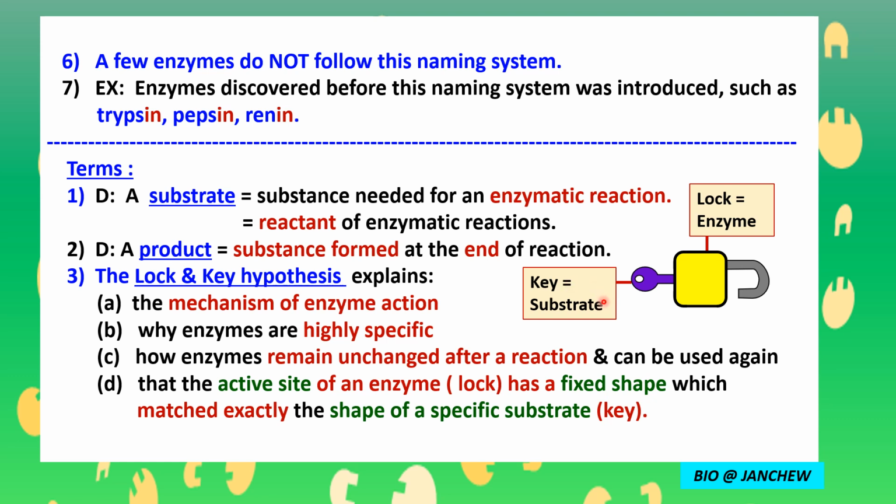So substrate can be compared to a key, and enzyme can be compared to a lock that we use to lock our doors or cupboards or whatever. So let's have a look at this lock and key hypothesis in a short while.